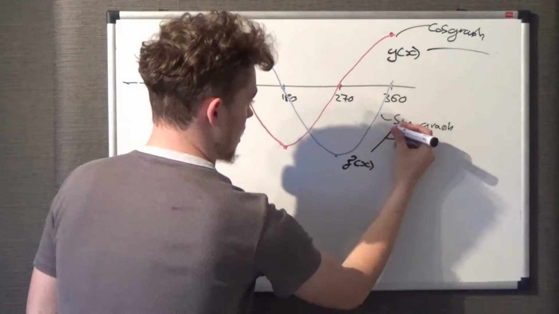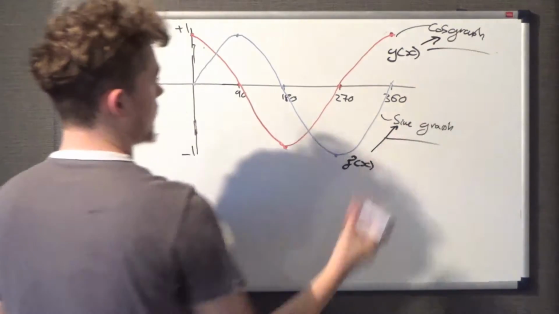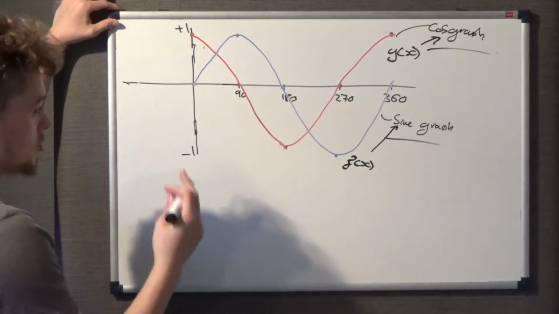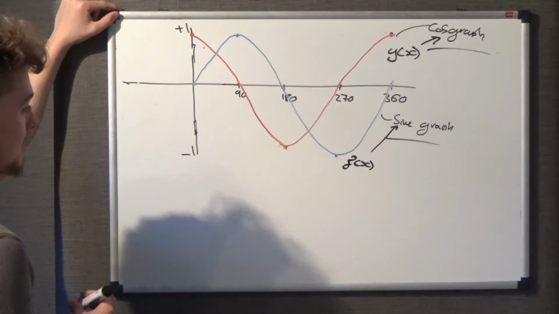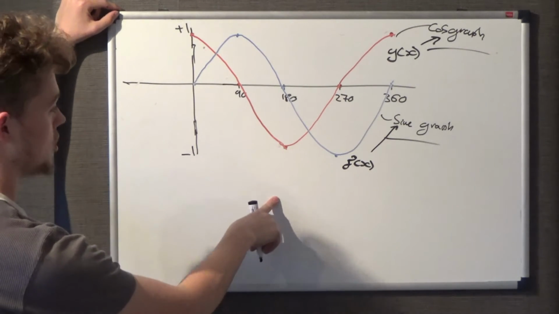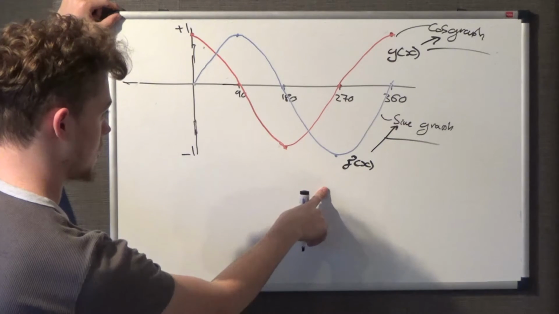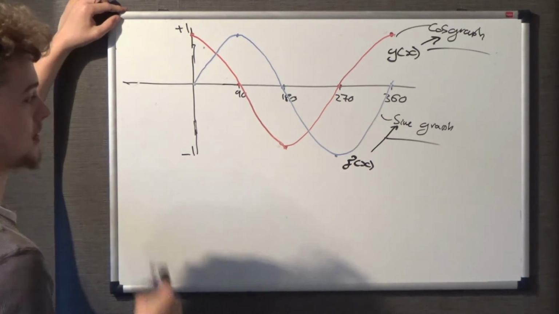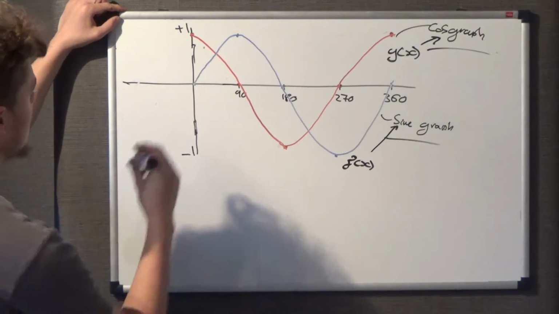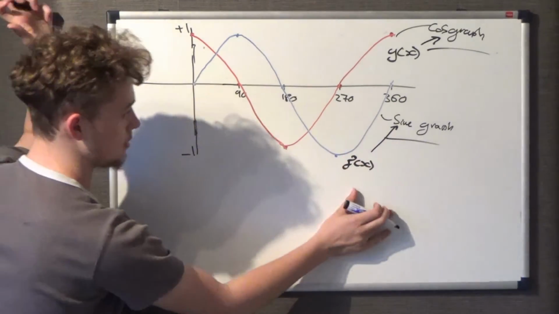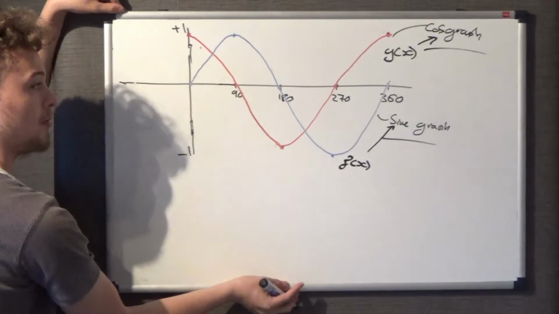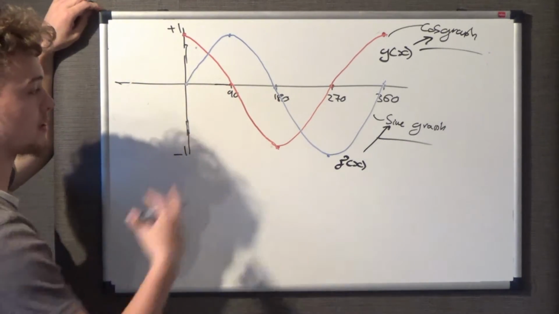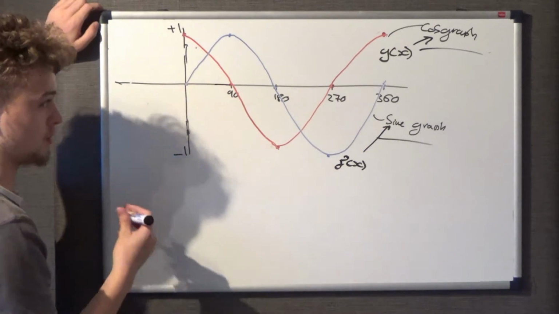I'm only doing this so it doesn't confuse you even more. What I'm hinting at is that the cos graph is shifted to the right by 90 degrees to get the sine graph. I'll write it in terms of sine and cos first, and then as f of x and g of x respectively.